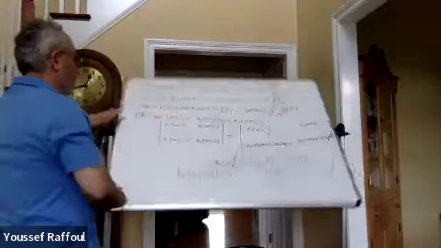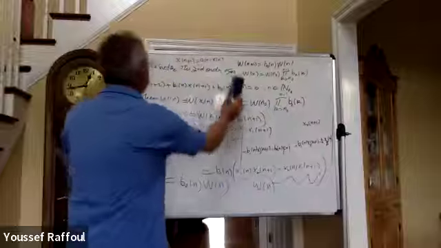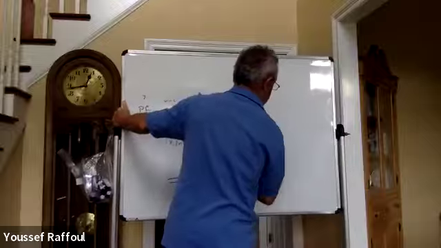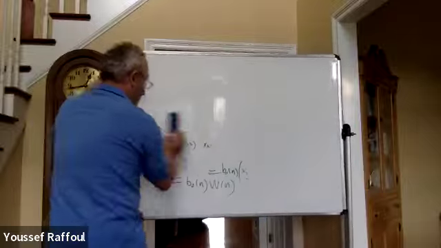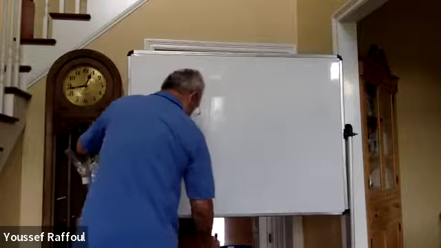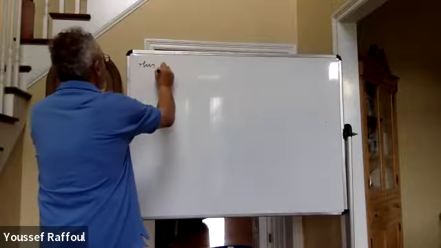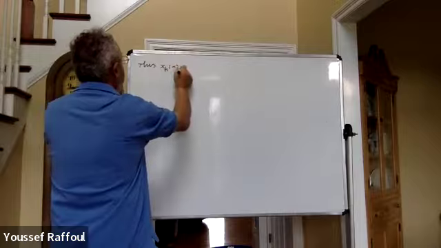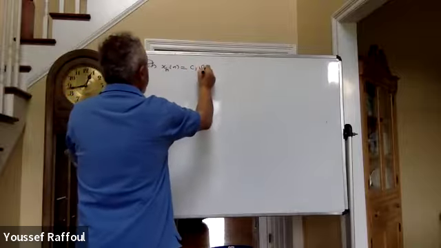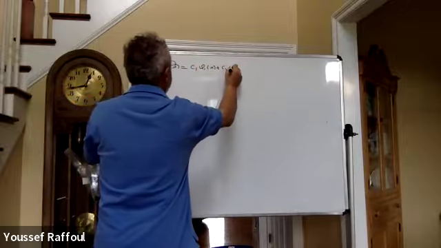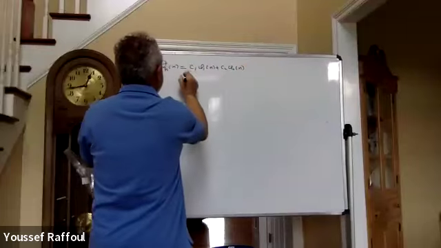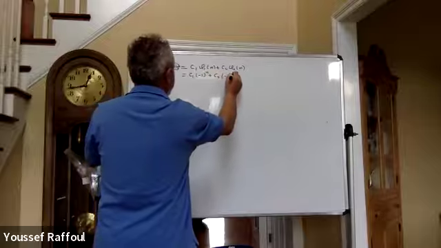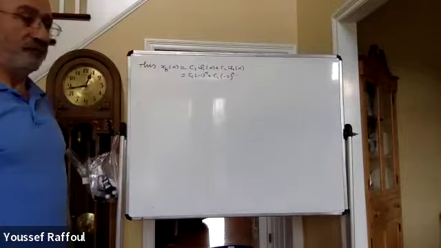So thus x_h of n equal to c1 phi 1 of n plus c2 phi 2 of n. That is c1 times minus 1 to the n plus c2 times minus 2 to the n. Okay?